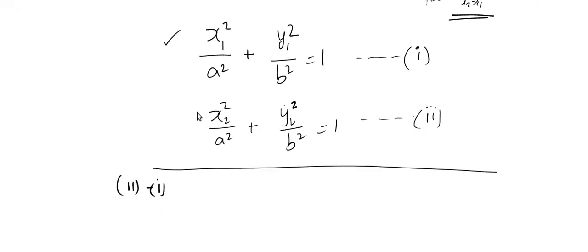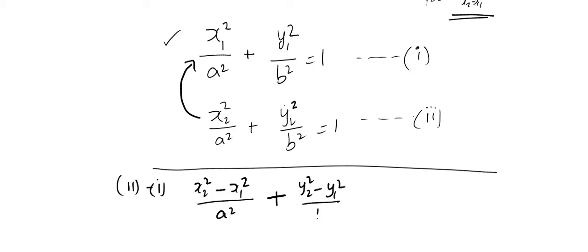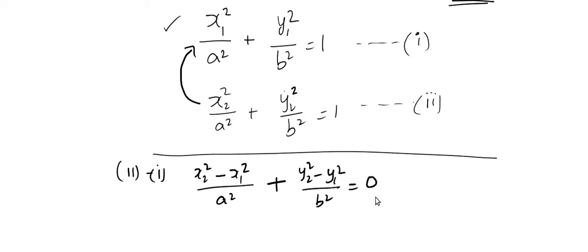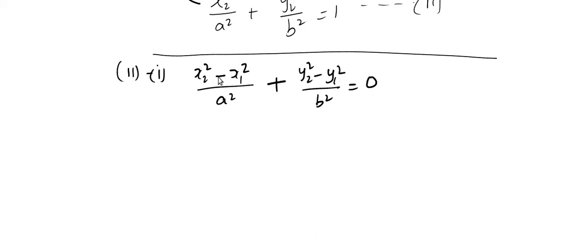So let's go for it. Subtract. x2 square by a square minus x1 square by a square, so that a square comes common, plus y2 square by b square, same logic, minus y1 square, b square comes common, equal to 1 minus 1, 0. Now tell me, what is x2 square minus x1 square? It is x2 minus x1 into x2 plus x1.